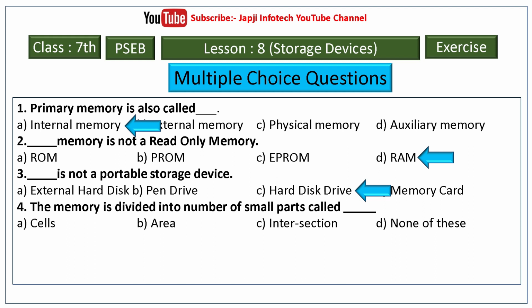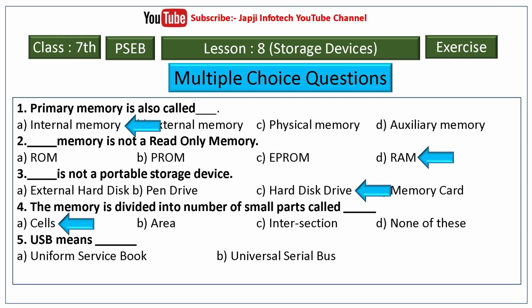The right answer is cells. And the fifth one is: USB means dash. The options are uniform service book, universal serial bus, universal straight bus, and uniform serial bus. The right answer is universal serial bus.